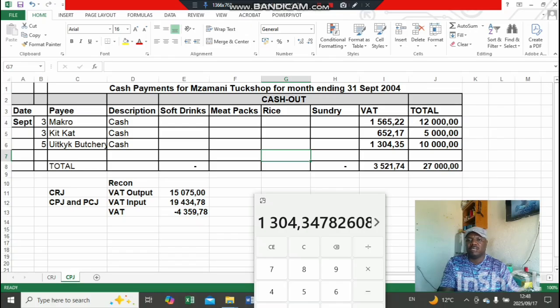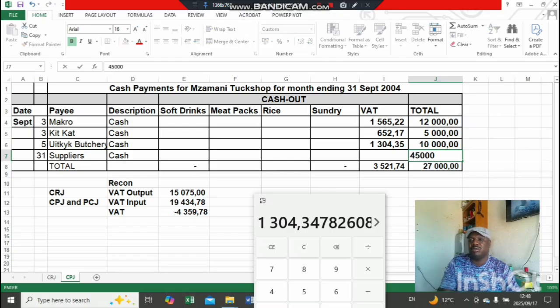Great stuff. Now I'll do that sundry sheet here. Suppliers, buying on cash, and suppose until the end of the month Mzamani further bought stock to the tune of 45,000. The question is, how much is VAT?